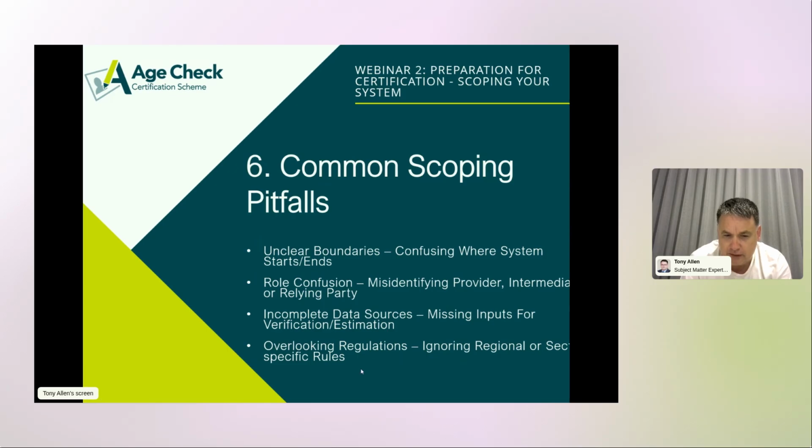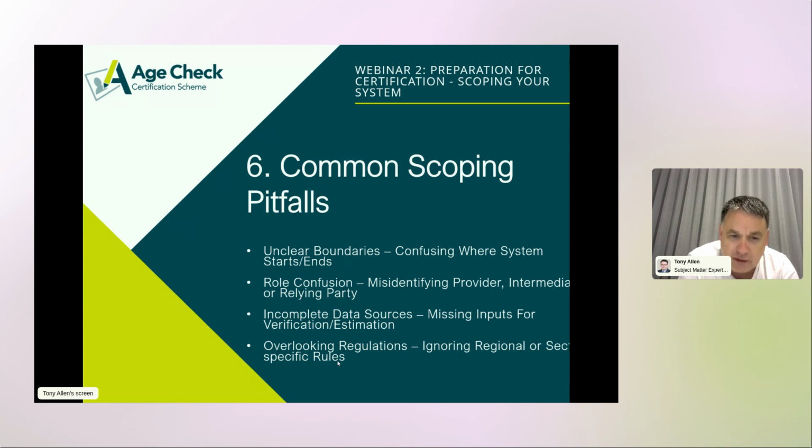Just going to highlight a few common pitfalls. Obviously, the 27566 standard is relatively new, so we haven't got any common pitfalls yet with that, but just from our experience of auditing age assurance systems, some of the things that can cause some problems for applicants.